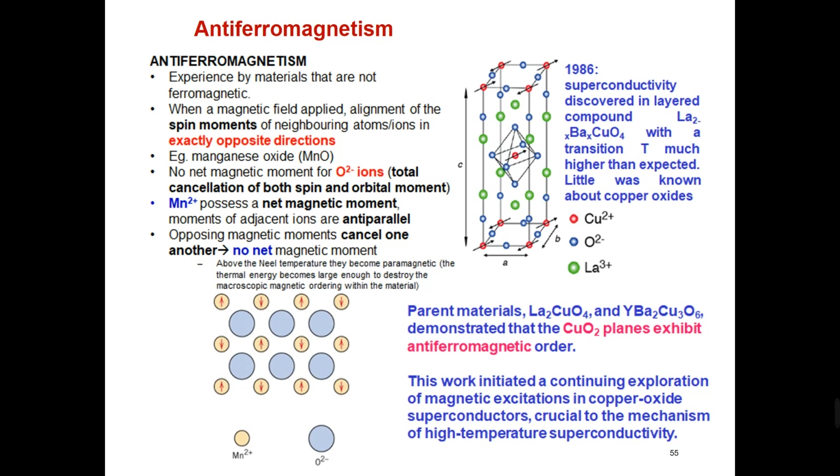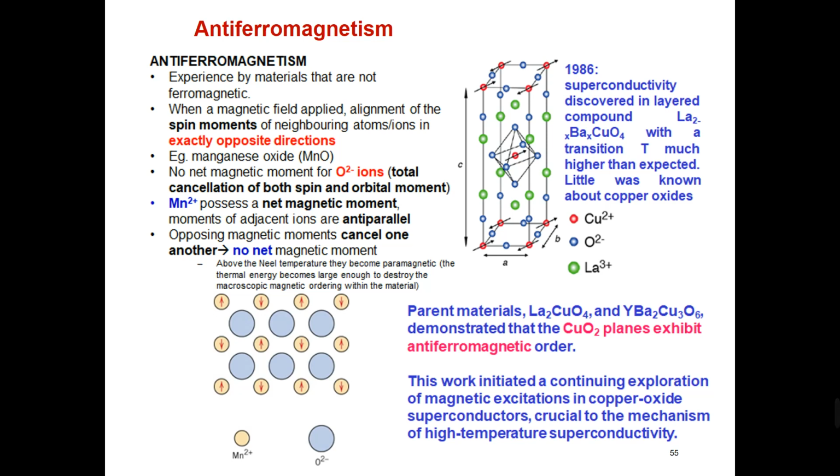For O2 minus ions, there is total cancellation of both spin and orbital moments. But for manganese oxide, Mn2 plus possesses a net magnetic moment, and the moments of adjacent ions are anti-parallel. Opposing magnetic moments cancel one another, so there is no net magnetic moment.